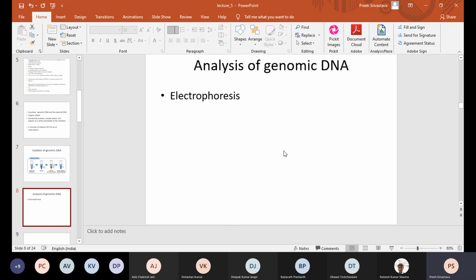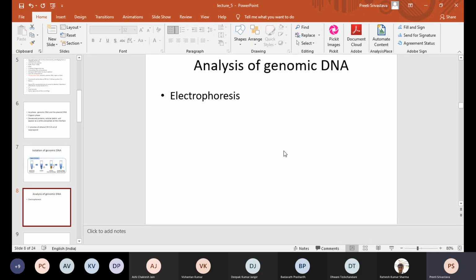Okay, so once you have isolated the genomic DNA, class, the next step is electrophoresis. So electrophoresis is used for analyzing the genomic DNA, whether the prep is good or not. But this electrophoresis can be of two types: analytical electrophoresis or preparative electrophoresis.